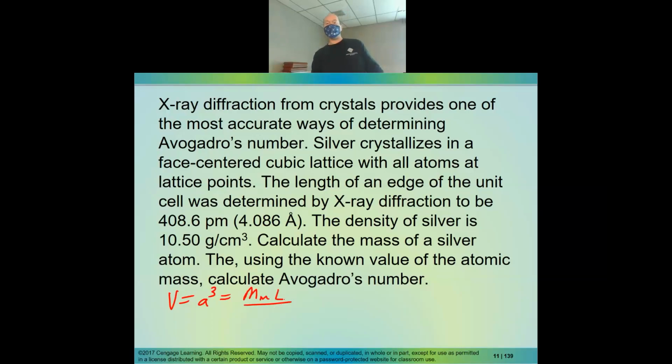Remember that L is 1, 2, or 4, whether it is a simple, body, or face-centered cubic lattice. D is your density, and A is Avogadro's number. All right, and so when you're given this question, these questions are very difficult, but if you use this equation, they are not near as difficult as long as you have the right units.